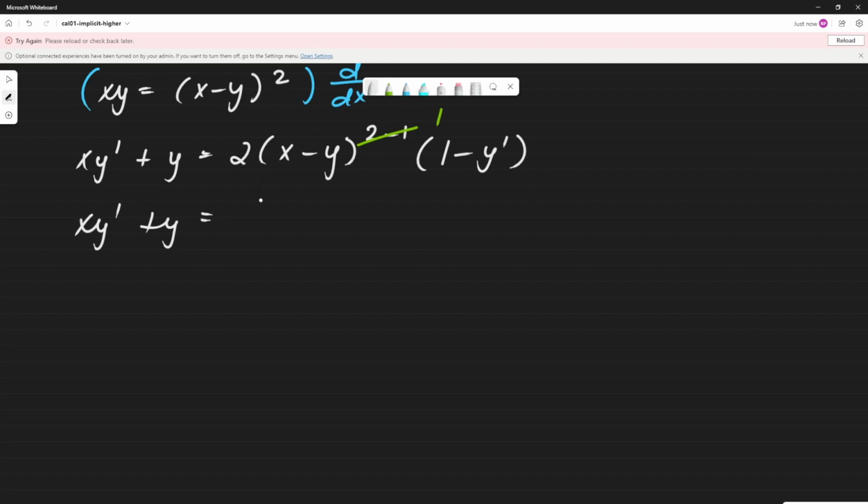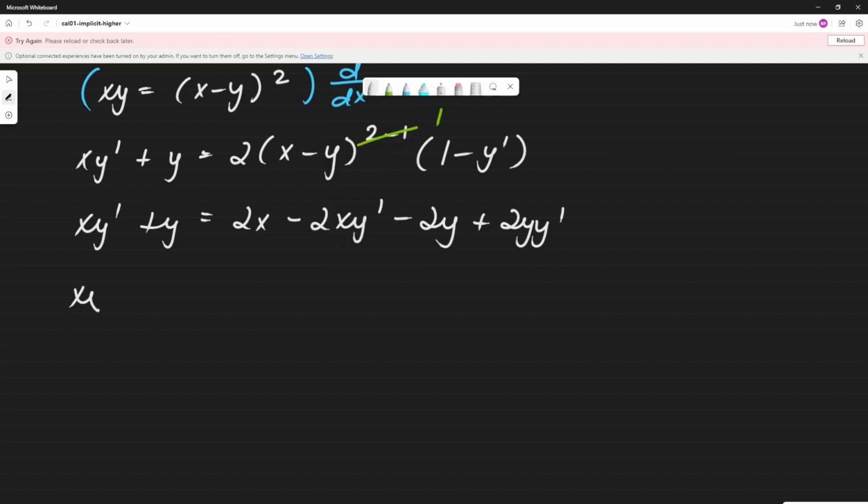So we have 2x times 1, so that is 2x. 2x times negative y prime is equal to negative 2xy prime. Then we have negative 2y times 1 is negative 2y. Then we have negative 2y times y prime is positive 2y y prime. Then move all y prime terms to one side, and all terms without y prime to the right side.